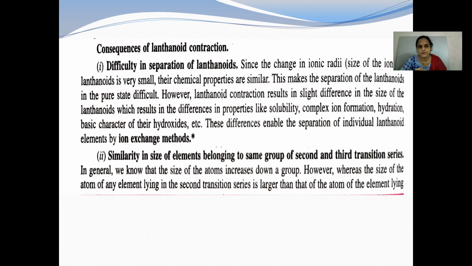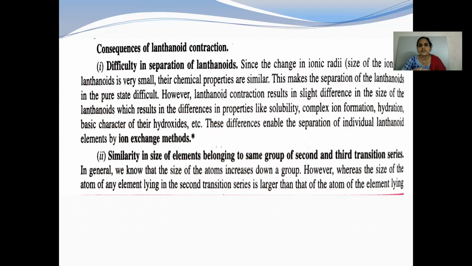Next, we come to the consequences of lanthanoid contraction. There are 3 consequences. The first consequence is difficulty in separation of lanthanoid elements. Since the change in ionic radii in lanthanoids is very small, their chemical properties are similar, and this makes the separation of the lanthanoids in the pure state difficult.